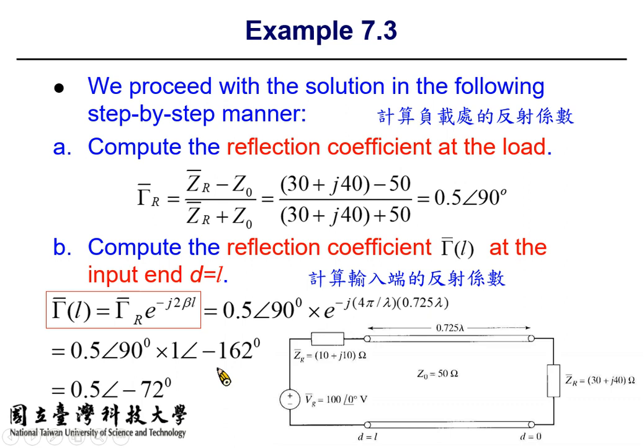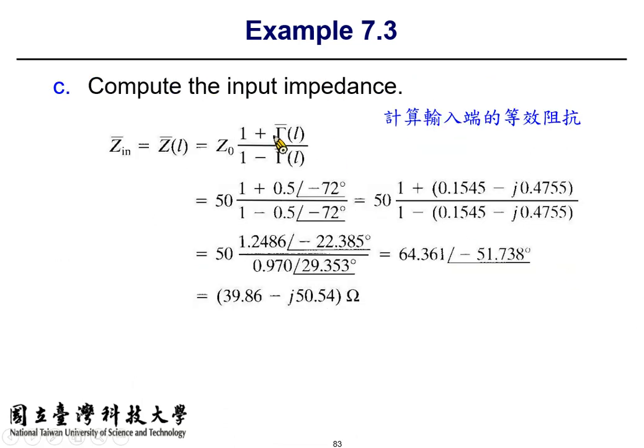Note that the magnitude on the left end is 0.5, the same as the magnitude of the reflection coefficient at the termination. So they have the same SWR value, but the phase is different due to the translation on the transmission line.